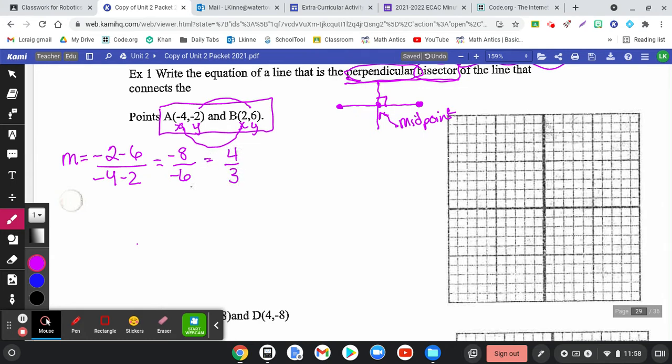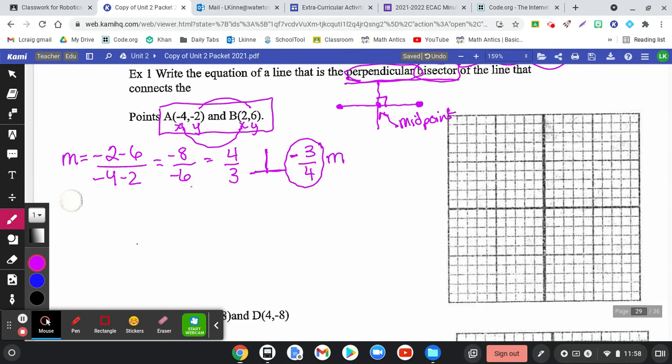Okay, so if it's perpendicular to that, though, remember we have to change the sign and flip it. So it'd be -3/4.